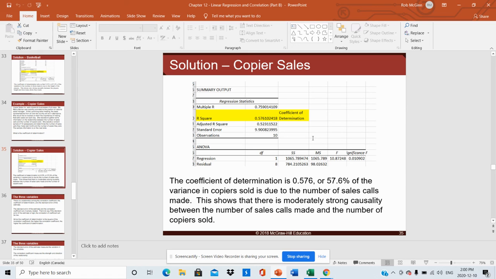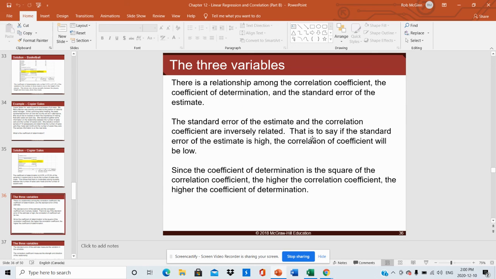All right, so right before I let you go, we're just going to look at the relationship between the three measures. So there's a relationship among the correlation coefficient, coefficient of determination, and the standard error of the estimate. So the standard error of the estimate and the correlation coefficient are inversely related.